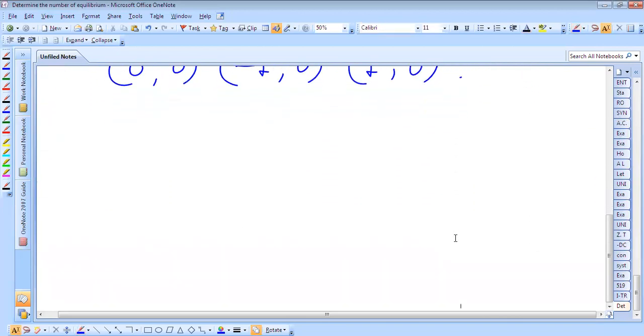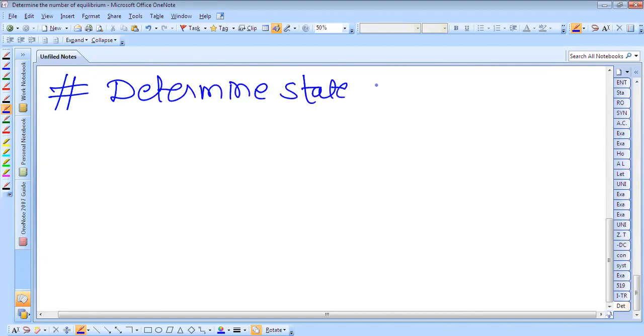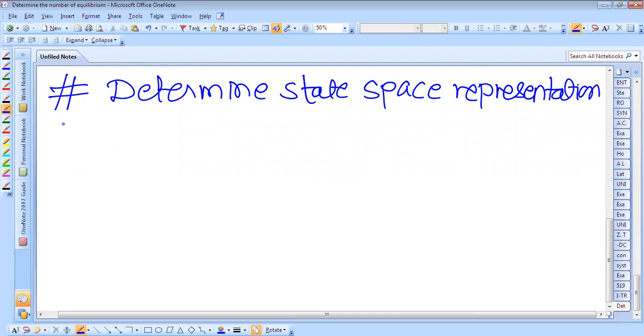Next, determine the state space representation for this system.